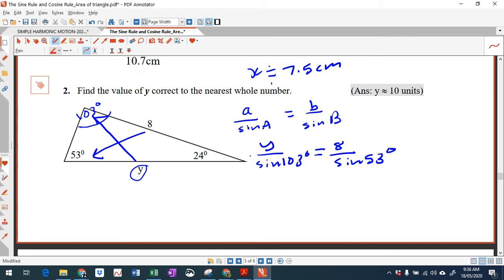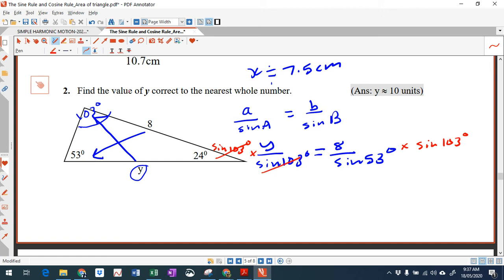Now to get y by itself, I'm going to multiply both sides by the denominator of y, so multiply by sine 103 degrees. That cancels.